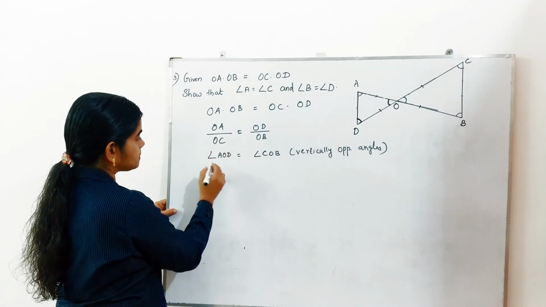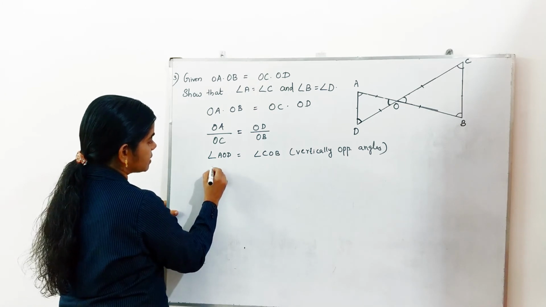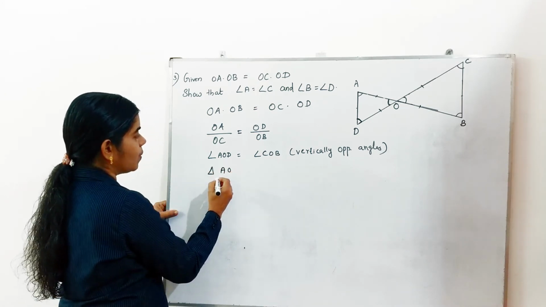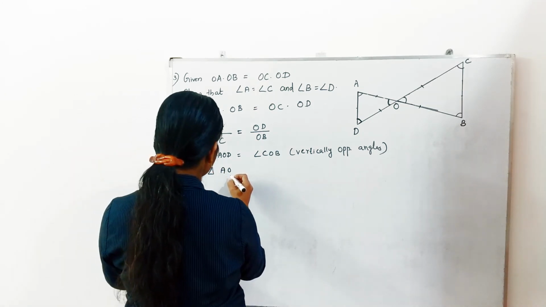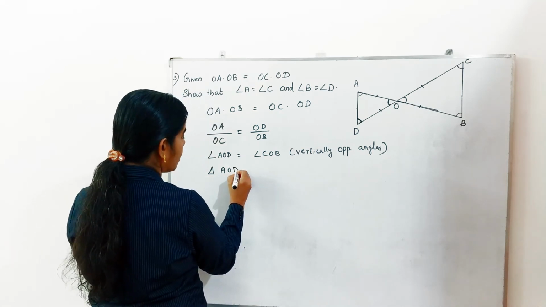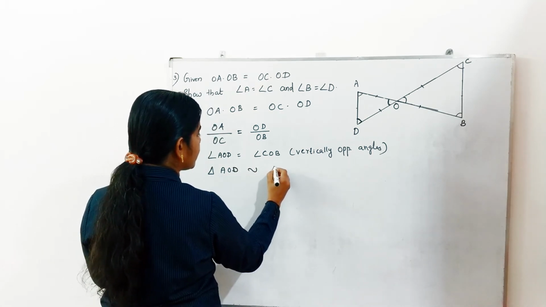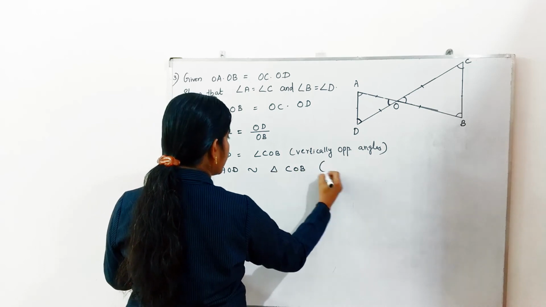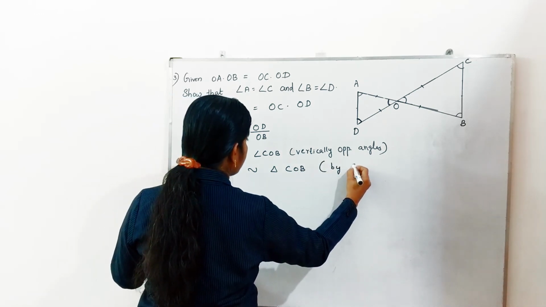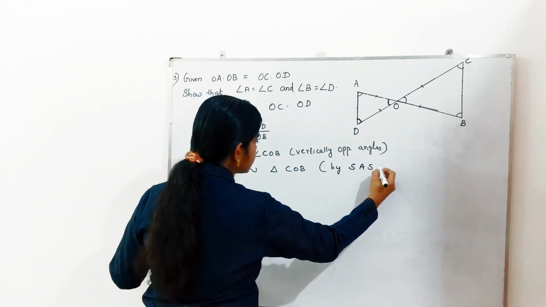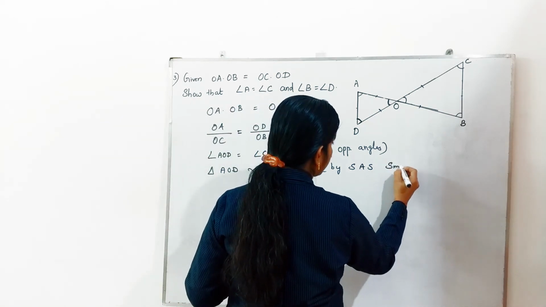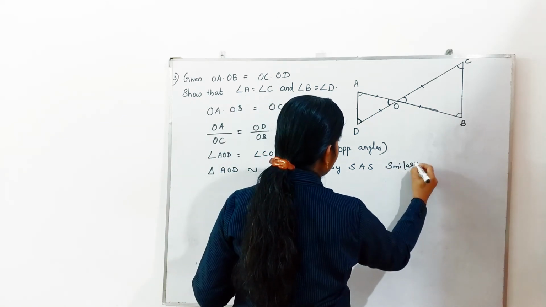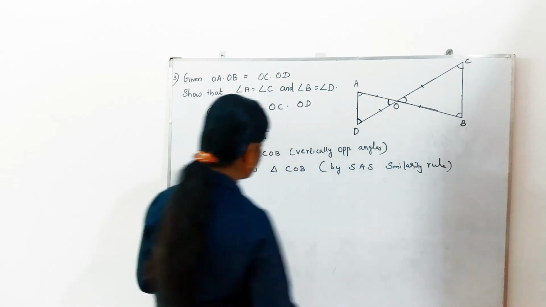Just look. So triangle AOD is similar to triangle COB by which rule? By SAS similarity rule.